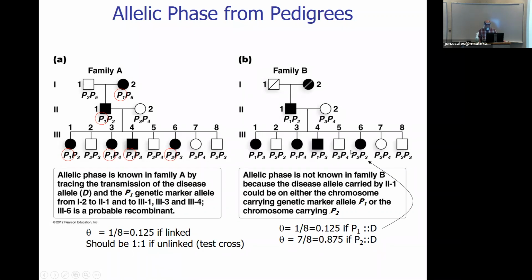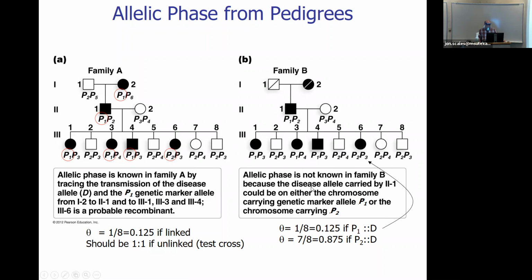So you don't know, is this the original and are these the recombinants, or is this the original and that's the recombinant? You always go with the majority being the original, okay? So we have to go both ways though. So if it's linked to 1, then the map distance is 1 out of 8 kids. 1 out of 8 kids showed a recombination.